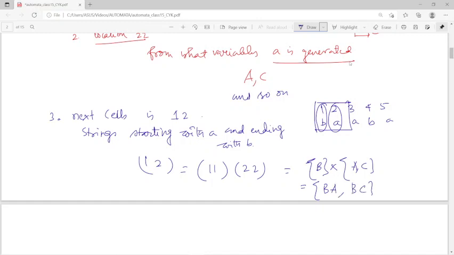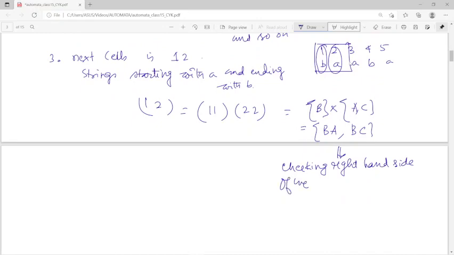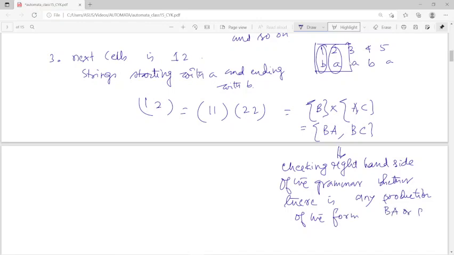Now we have to check the right hand side of the grammar, whether there is any production of the form BA or BC.